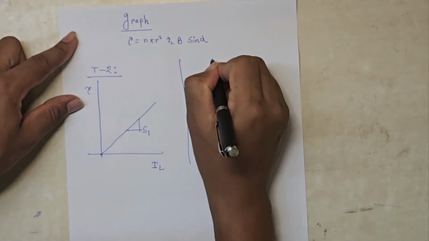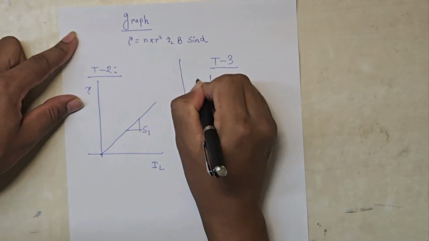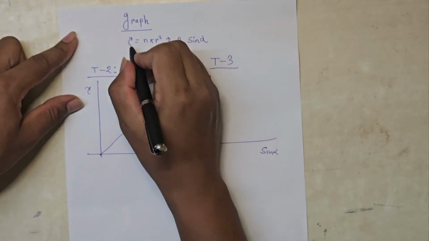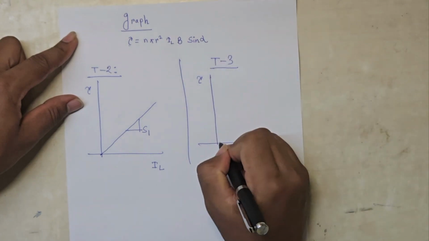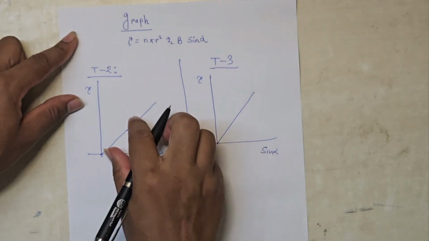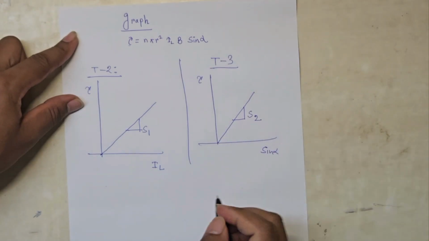Similarly, from table 3 you plot torque versus sine alpha. Torque is directly proportional to sine alpha, and this is also a straight line passing through the origin. You have to take the average line, and here you get some slope, S2.